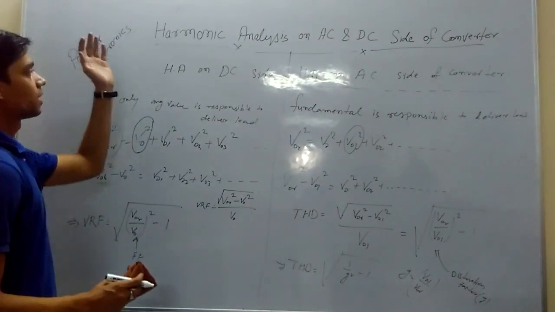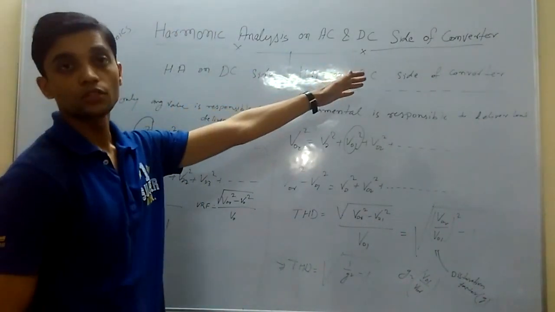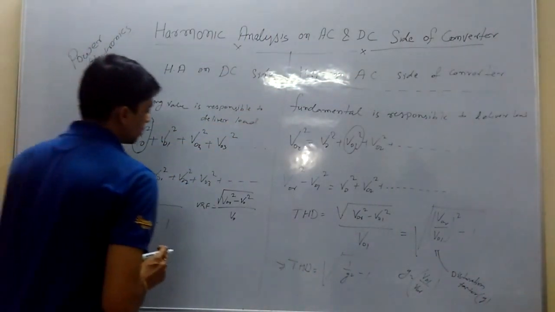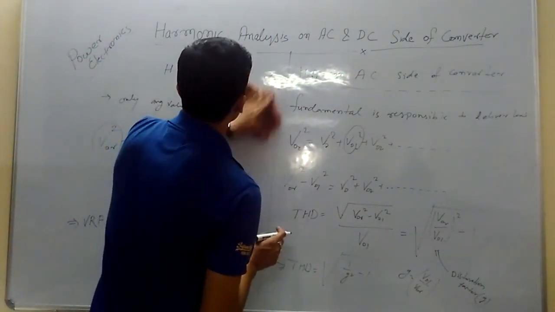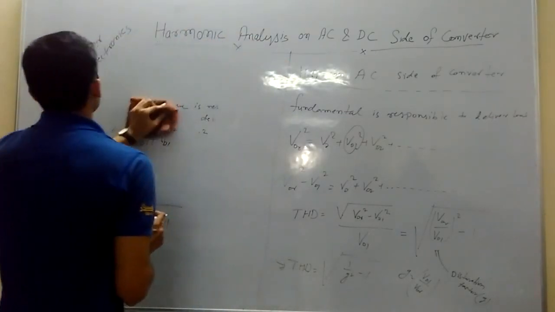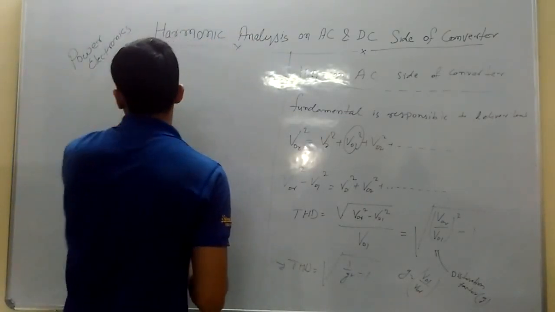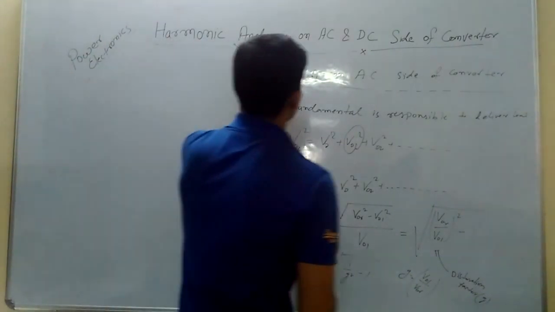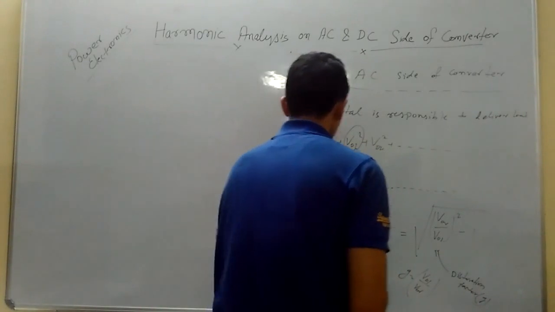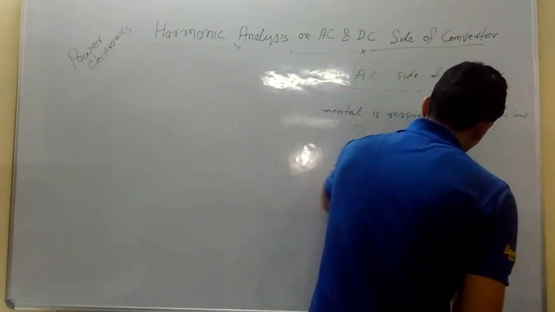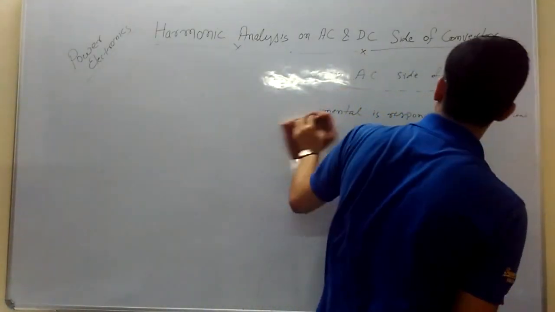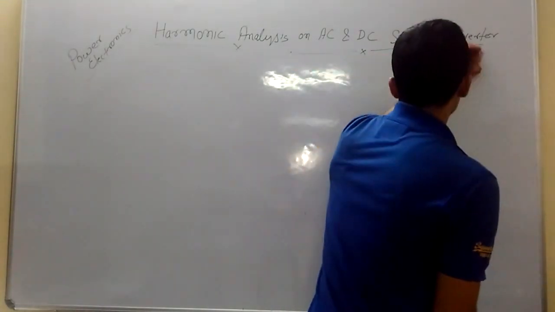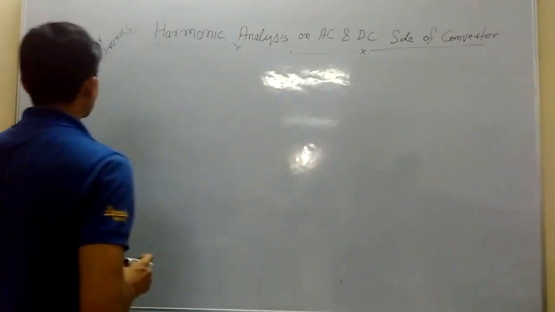So from the analysis on the DC side as well as on the AC side, you have calculated 4 values: form factor and voltage ripple factor on the DC side, and distortion factor and total harmonic distortion for the AC side. For example, I am going to give you an example of a single phase full bridge rectifier.